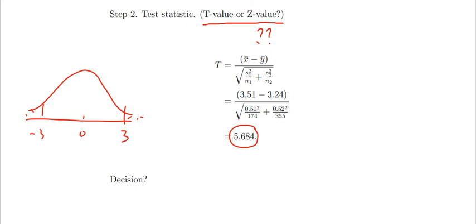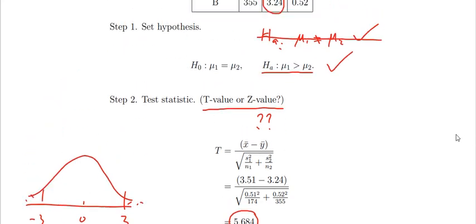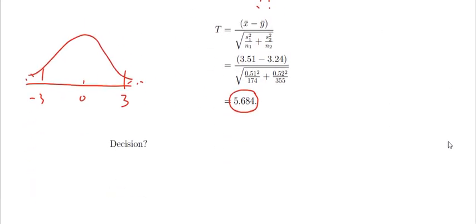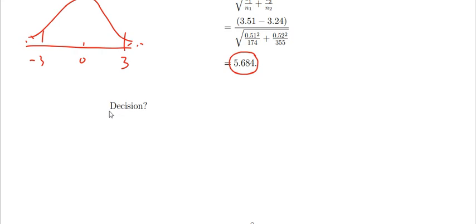This is almost 6, so it is a huge number, which means a huge difference. So we say company A is significantly better than company B. Our decision is very clear, right?